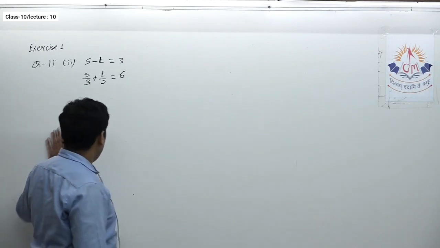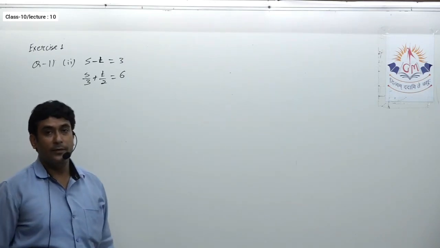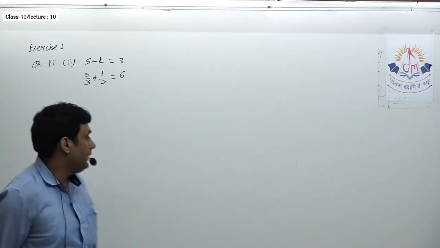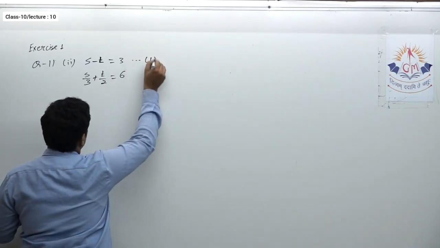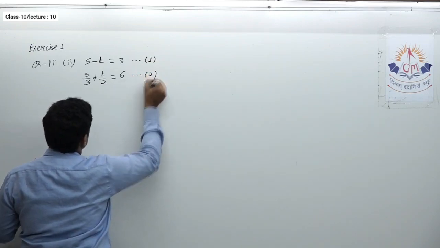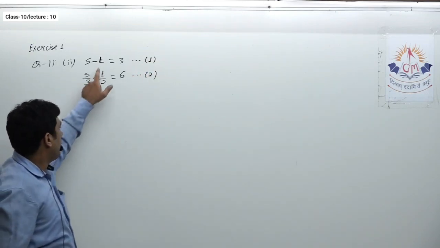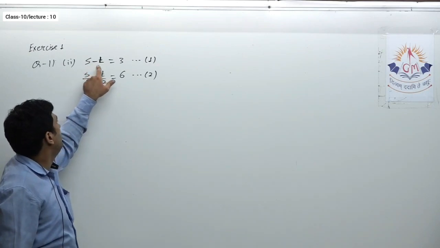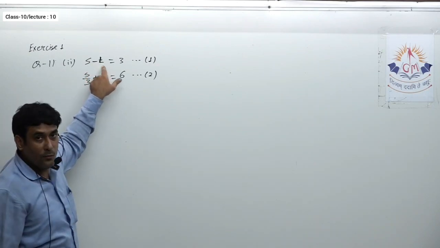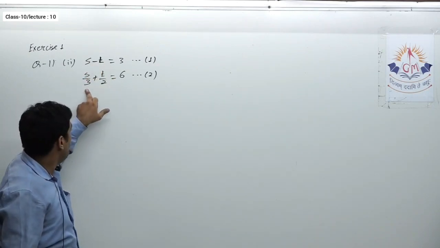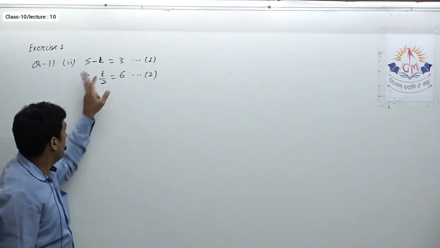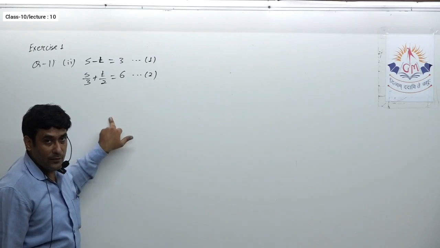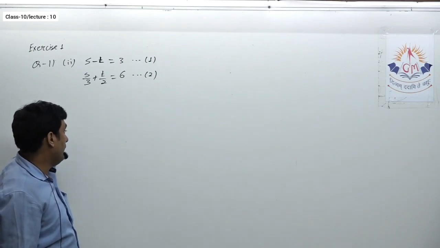So we have to solve this pair of linear equations with the help of the substitution method. Let this be equation number 1 and this be equation number 2. In equation 1 the denominators are already 1 for s and t. Here we have denominators 3 and 2, so we can simplify this further and then solve it.